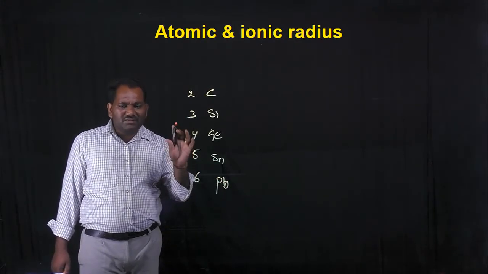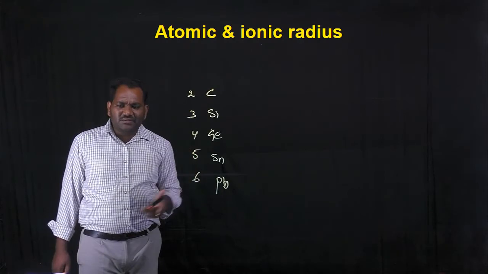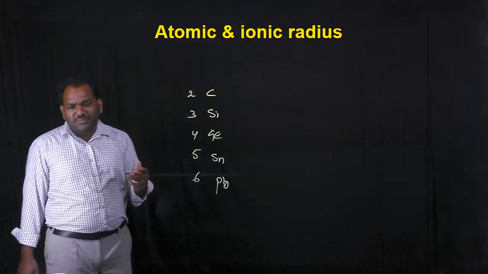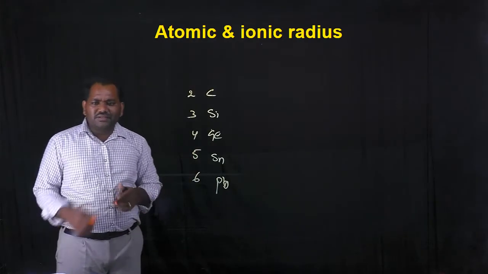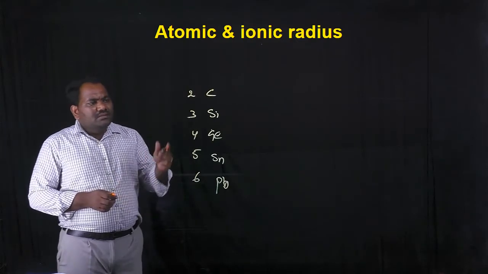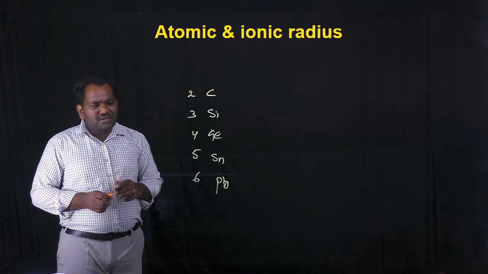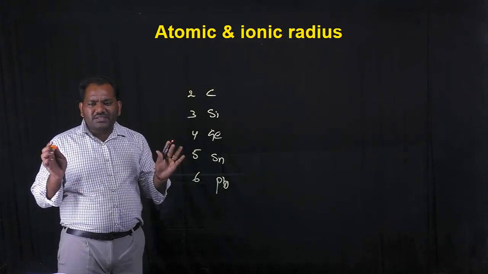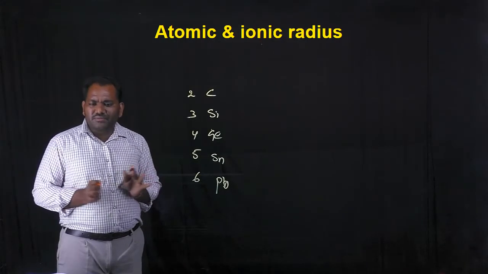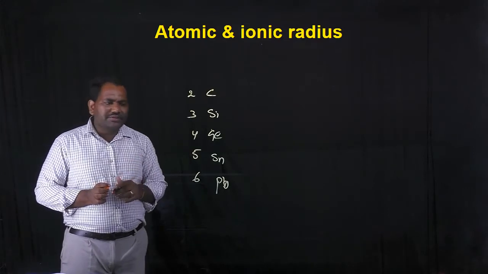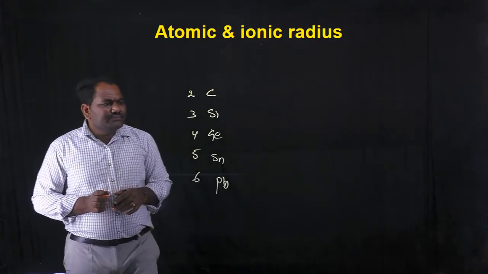Only in the 13th group, around aluminum and the next element, is some fluctuation observed. Otherwise, in all groups atomic radius increases from top to bottom. Remember that point.